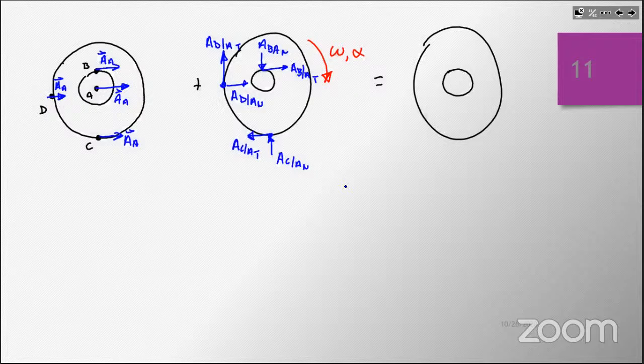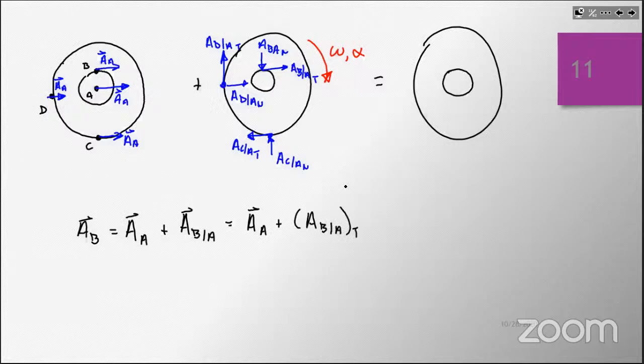Why don't we start with point B, at the top of the central pulley? For point B, if I want the acceleration of point B, this is going to be the acceleration of point A plus the acceleration of point B with respect to point A, which I'm going to break down into my normal and my tangential components.